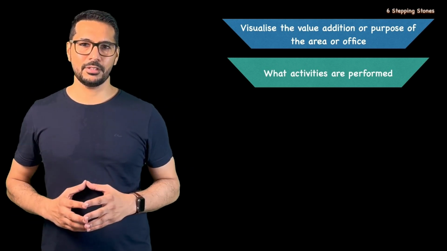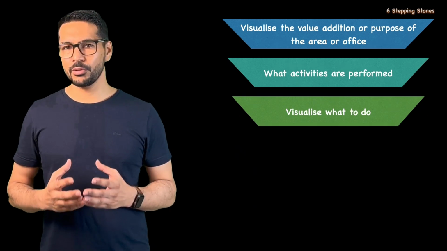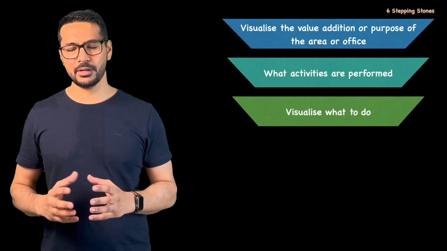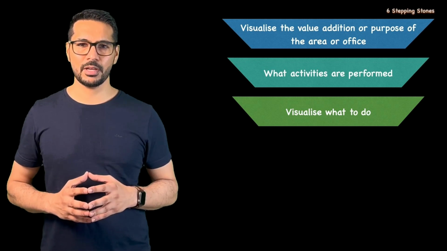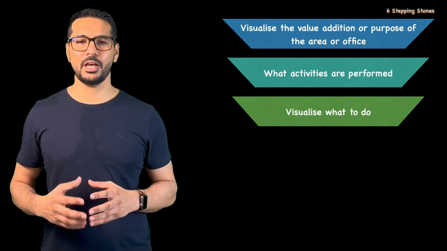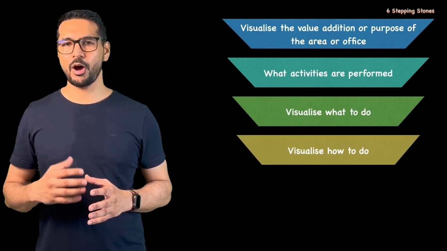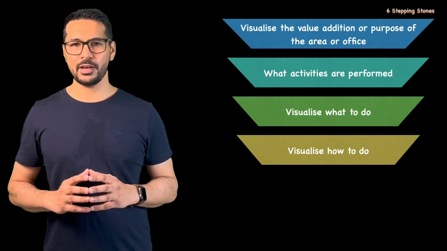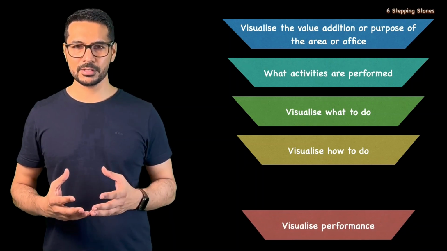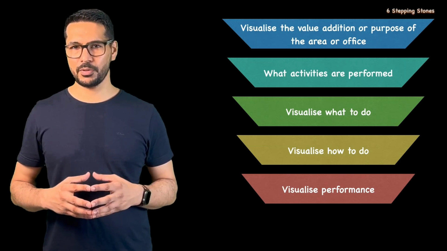The third stepping stone is to visualize what to do. People who work in that department know it, but in visual management, we have to visualize what to do in an appropriate way. The next step is to visualize how to do it. After that, we have to assess the performance and visualize it so that we are clear how the performance is.